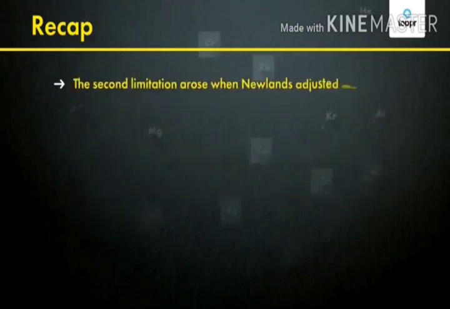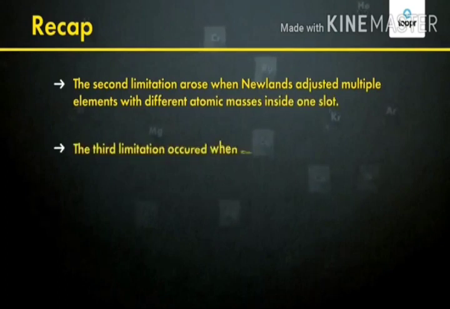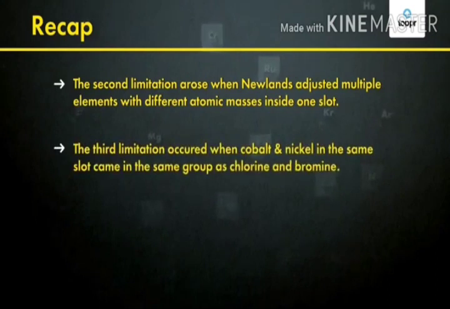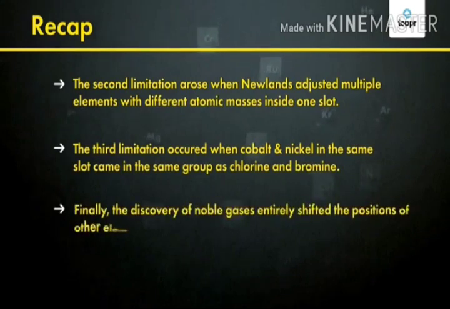The second limitation arose when Newlands adjusted multiple elements with different atomic masses inside one slot. The third limitation occurred when cobalt and nickel in the same slot came in the same group as chlorine and bromine. Finally, the discovery of noble gases entirely shifted the position of other elements.